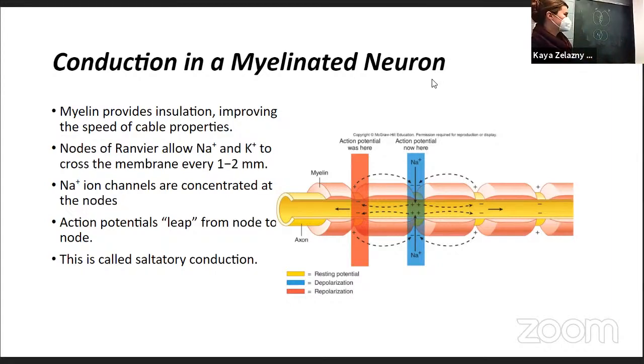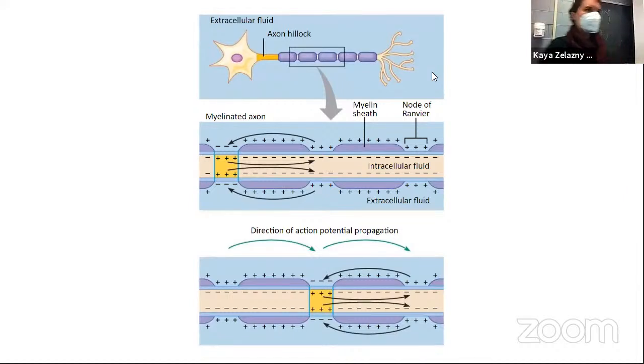So for you guys, this may be similar to any of your conversations about electricity. But you can make this pretty simple for our purposes. In a myelinated axon, we are skipping from node to node by our saltatory conduction.